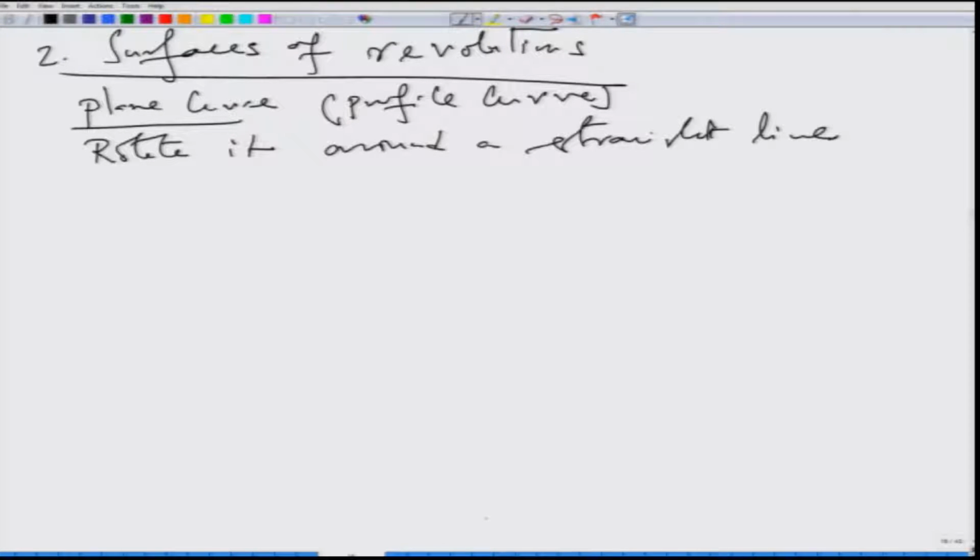What will happen here? I take the simplest example.